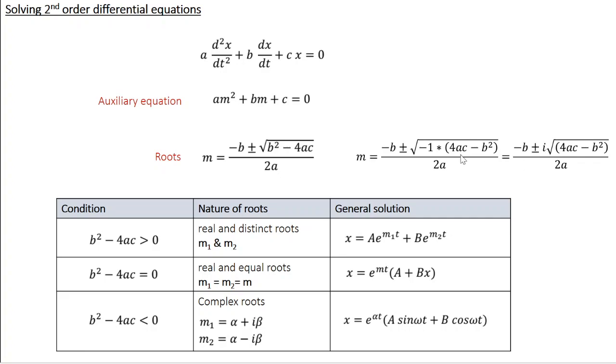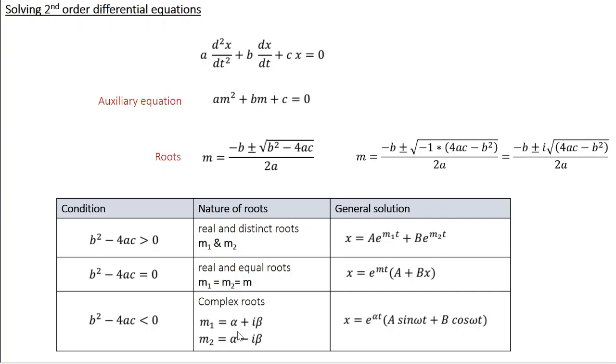Now I can take this minus 1 outside the square root, because square root of minus 1 is the imaginary number i. So I can write it as minus b plus or minus i times square root of 4ac minus b squared, by 2a. So I have two roots, m1 and m2, where m1 is minus b plus this term divided by 2a, and m2 is minus b minus this term by 2a.